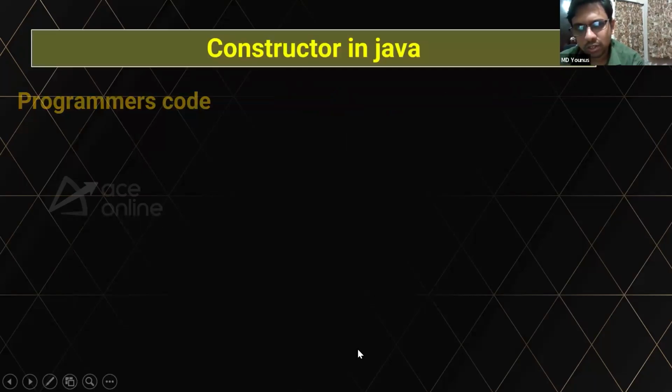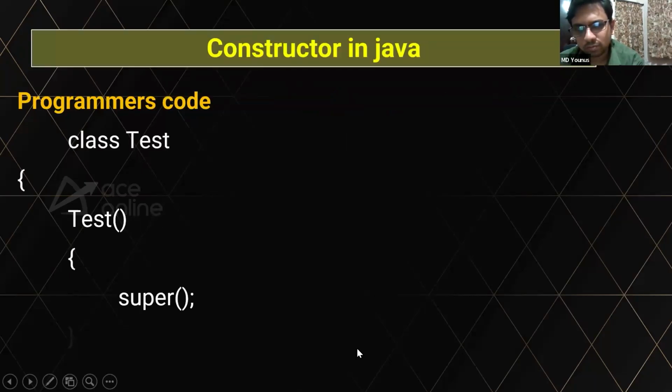Last question. Let's say I have this code. Is it a default constructor or a user defined constructor? It's user defined, I am providing it now. It's a no argument, but it's a user defined constructor.